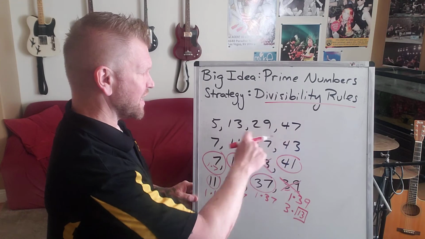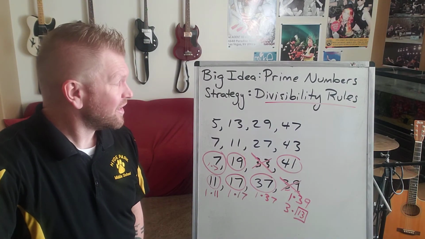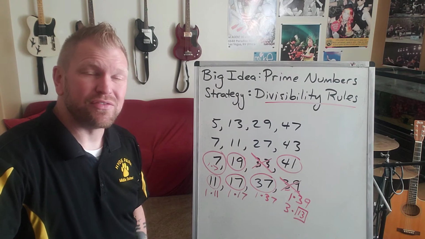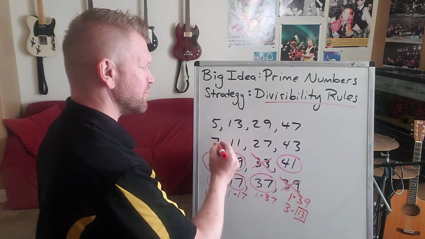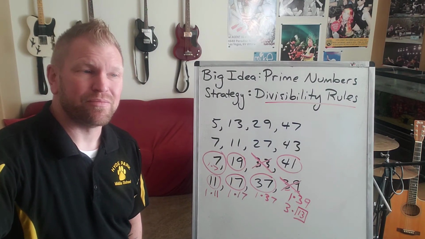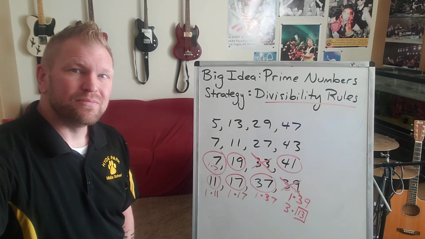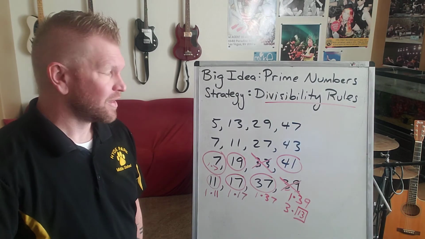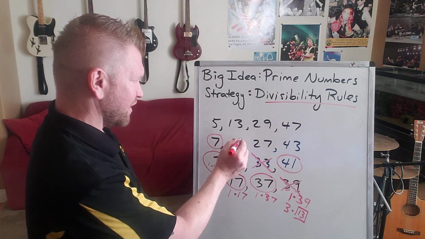All right, so look at these last two lists. One of them is only prime numbers. One of them, again, is divisible by 3 because of using that rule that we know for 3. So can you find the list that has only prime numbers in it? And can you find the one number that's divisible by 3, making it not prime? All right, so 7 is prime. 11 is prime.